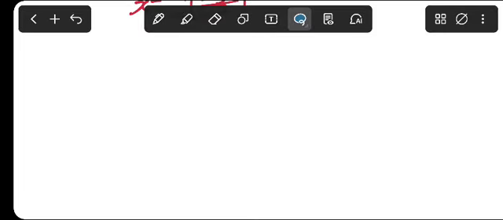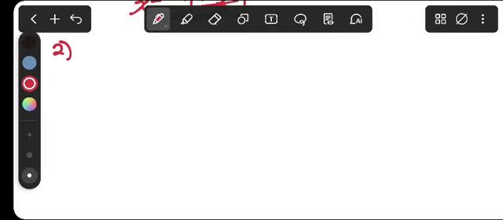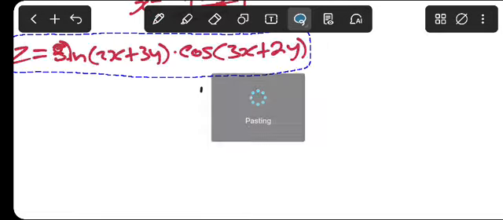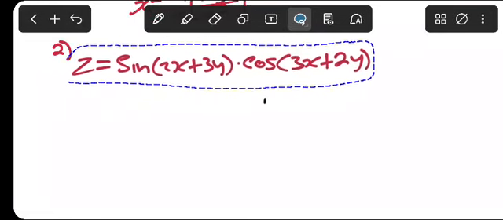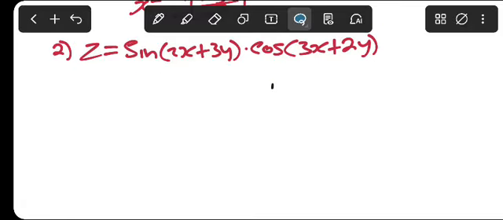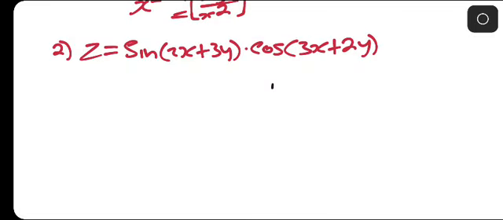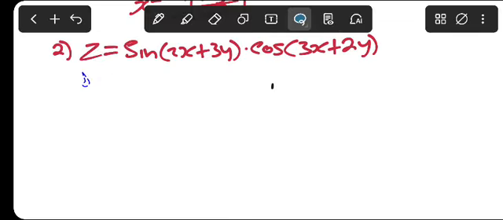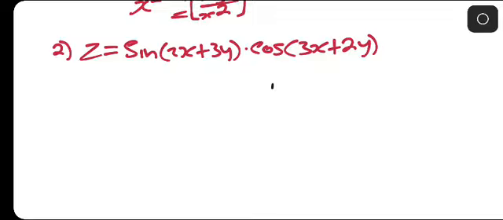By the way, here we have number 2. All right, this is what we have there. So we are supposed to take the partial derivative of z with respect to x.